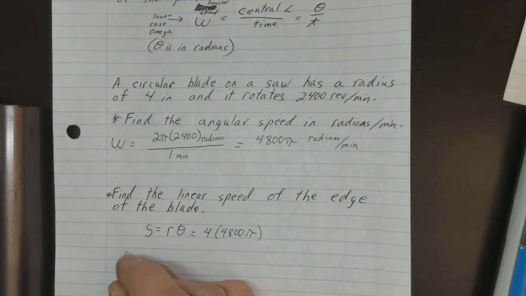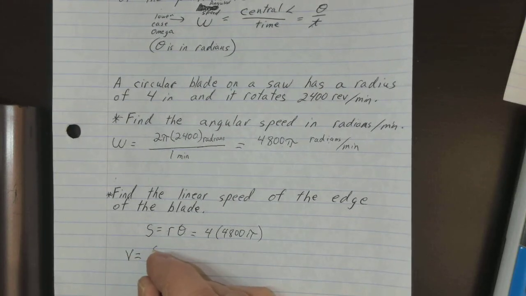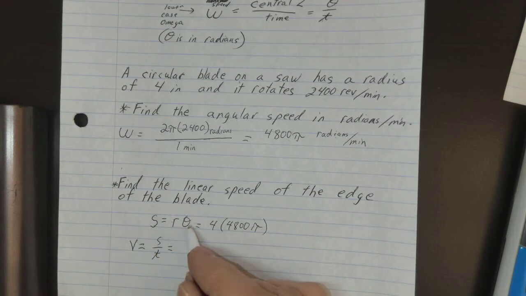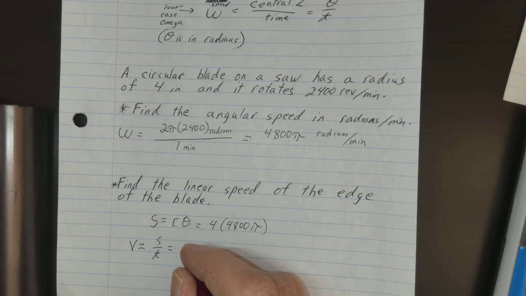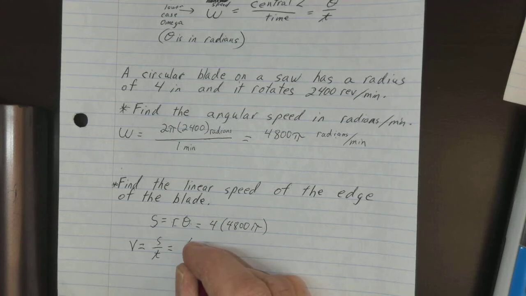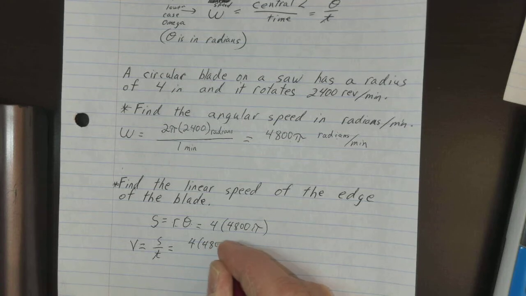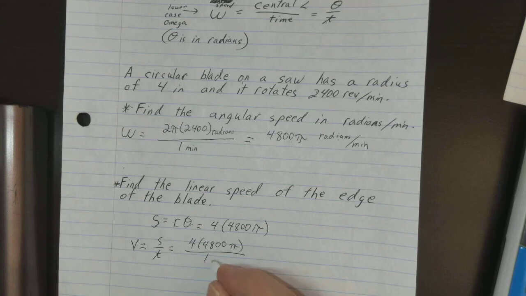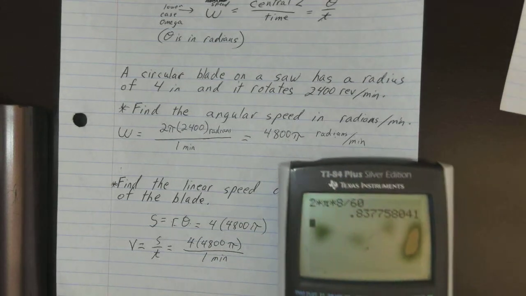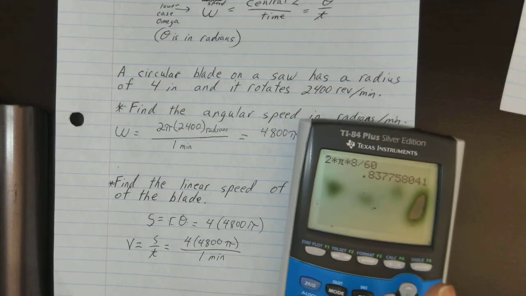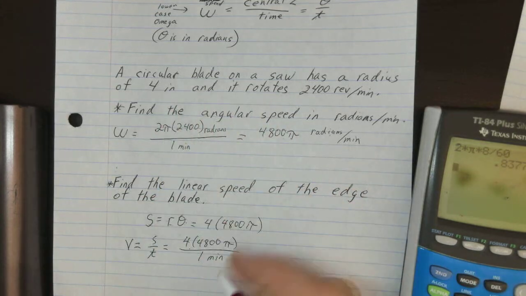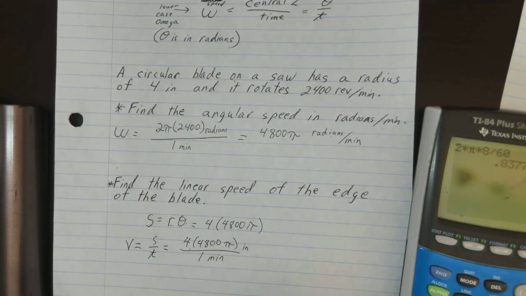So v, as we saw earlier, v equals s over t, and s is r times theta, which is 4 times 4,800 pi over the time of 1 minute. This is revolutions per minute. And the 4 is inches, so this is inches per minute.